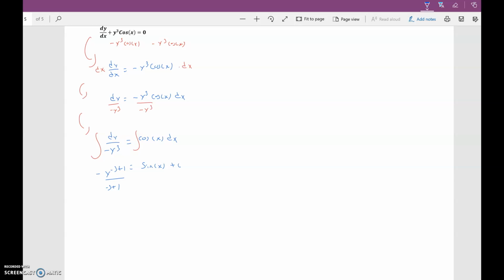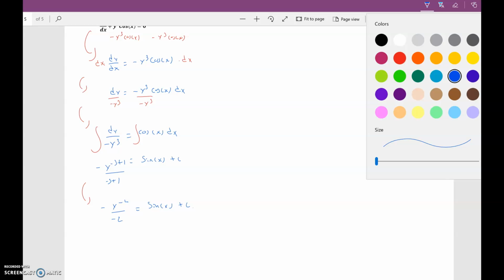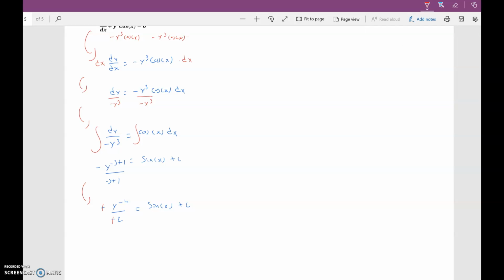So we're actually left with a negative y to the negative 2 divided by a negative 2. So this is equivalent to the actual sine of x plus c. And we can cancel the negatives here.